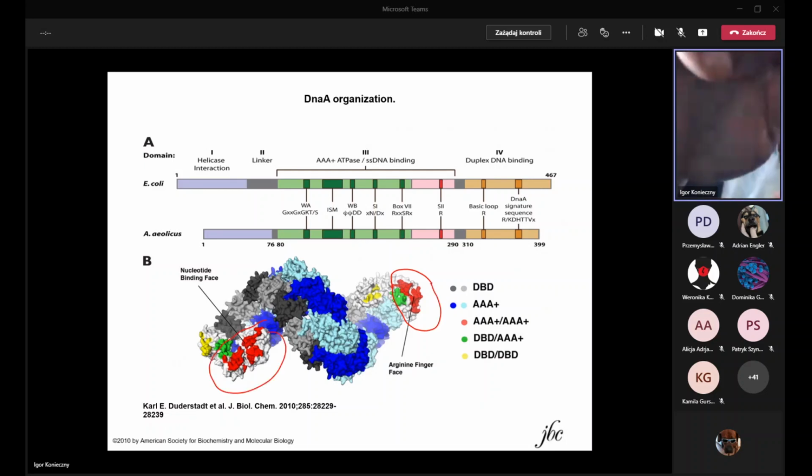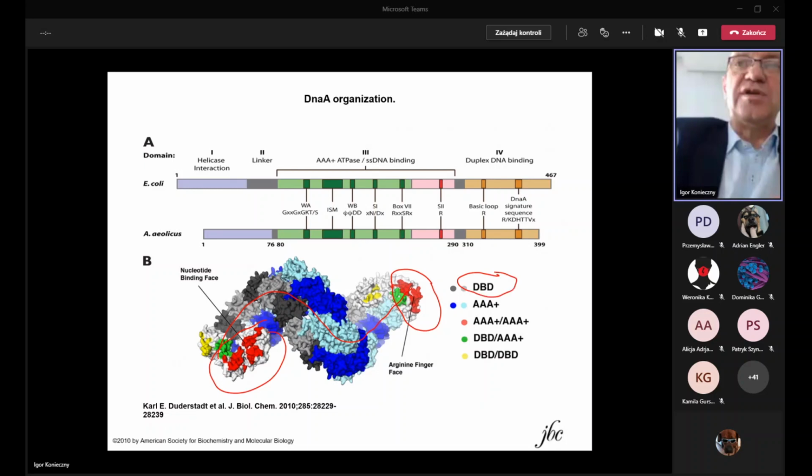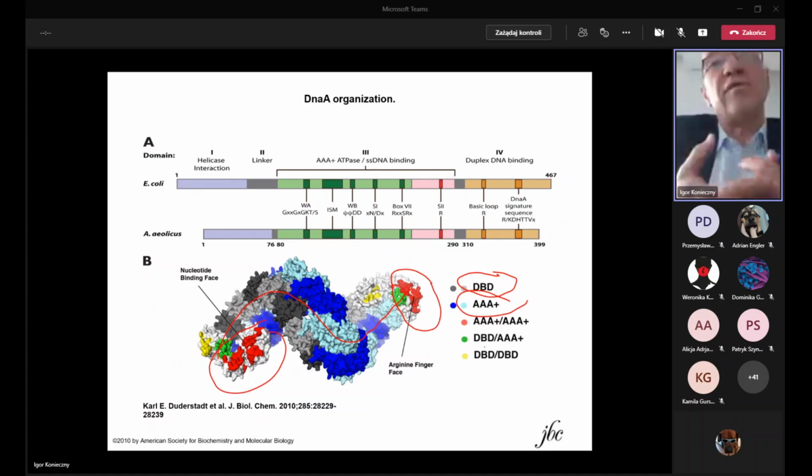And these are the nucleotides and amino acids which interact with DNA. And these are particular protomers of the DnaA protein, DNA binding domain, AAA+, AAA+ interaction, DNA binding domain, AAA+ interaction, because within this filament we have some kind of domain sharing, so one DnaA protein molecule has to interact with the other DnaA molecule within the filament to form the filament and to interact with the DNA.